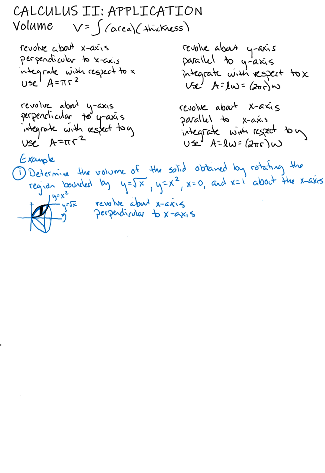Given that information, looking at the notes at the top of the page, revolving about the x-axis, perpendicular to the x-axis, looks like we're going to integrate with respect to x. And we will use A equals pi r squared for our area. This, by the way, is the ring or washer method.